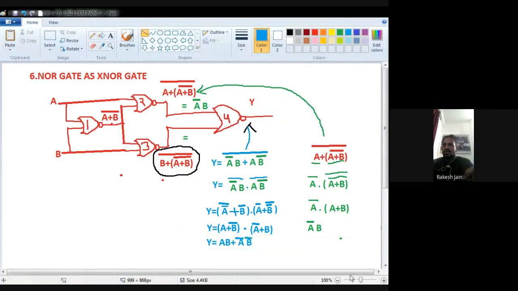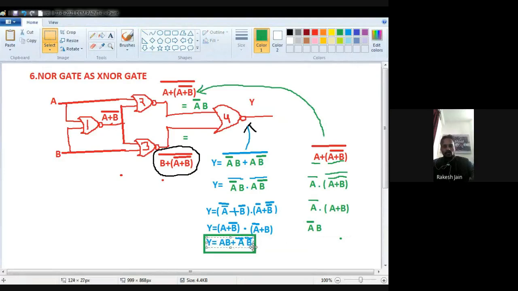Now when I multiply, I will find out the final answer. A dot A bar is 0, then A multiplied with B, so AB, then plus A bar B bar, multiplied with B is 0. So we find out AB plus A bar B bar.